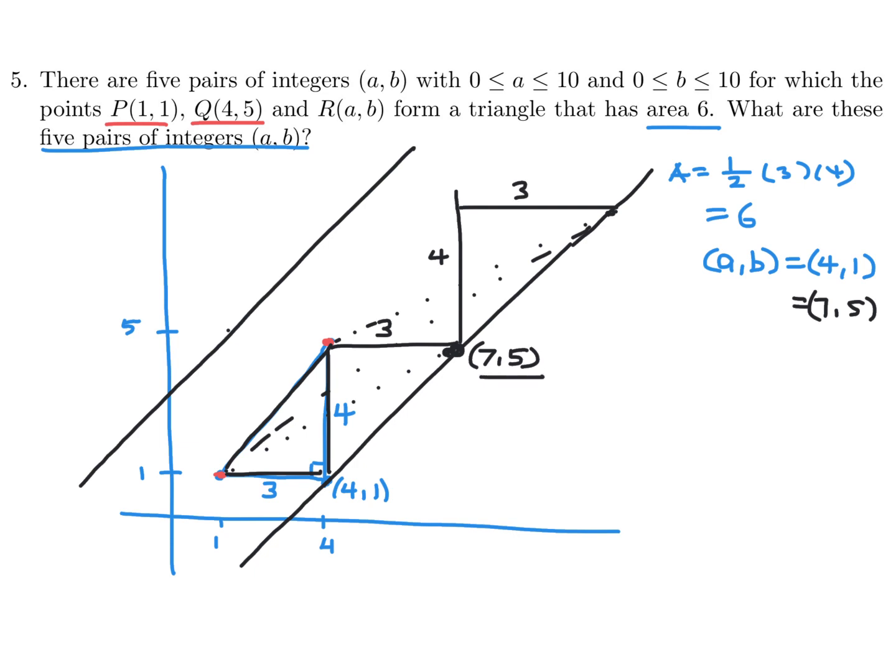So keeping that, if you're going up 4, then it would be 9, and then if you went over 3 it would be 10. So 10, 9 is another one.